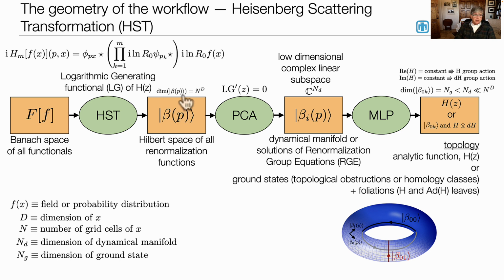The dimension that we end up having on this is normally an infinite dimensional Hilbert space of all functions, but since we have 2D images that are discretely sampled, in our case the dimension of this Hilbert space is going to be 256 squared.